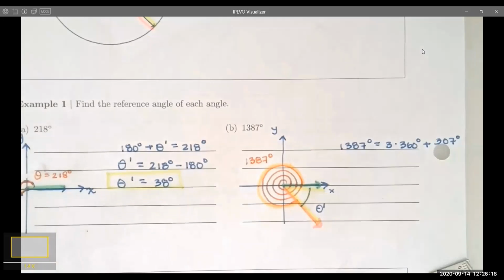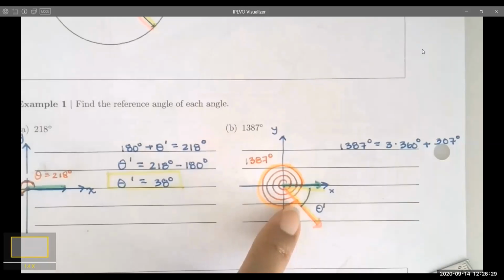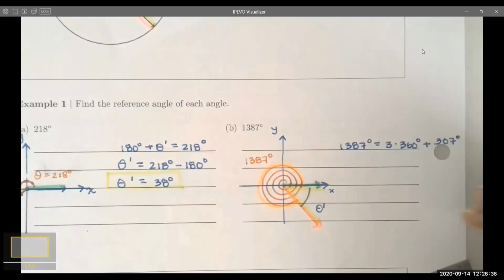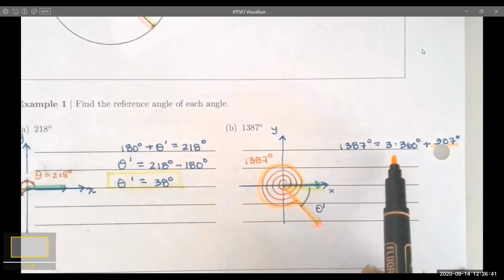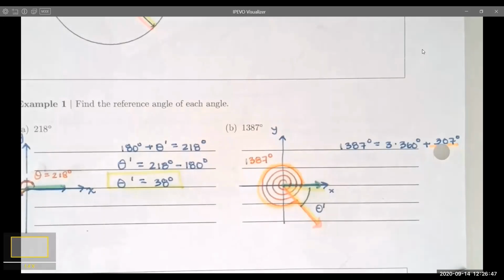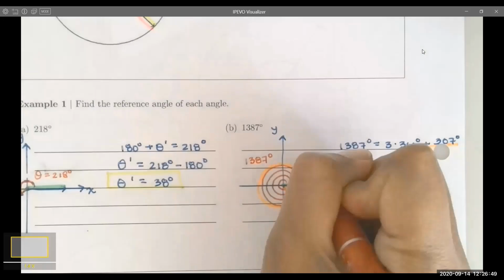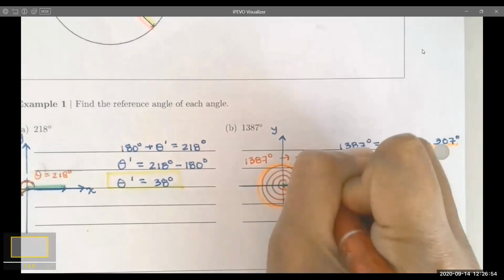So this actually relates back to the smallest positive coterminal angle, right? What we see here highlighted in orange is the smallest positive coterminal angle. And what is the measure of that? Well, we found that measure when we took a look at how many additional degrees we had to rotate beyond the 3 cycles. That was 307 degrees. So 1387 degrees is coterminal to 307 degrees.